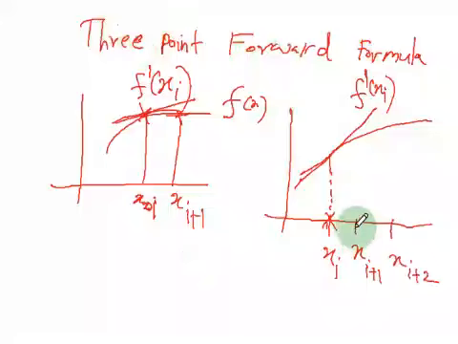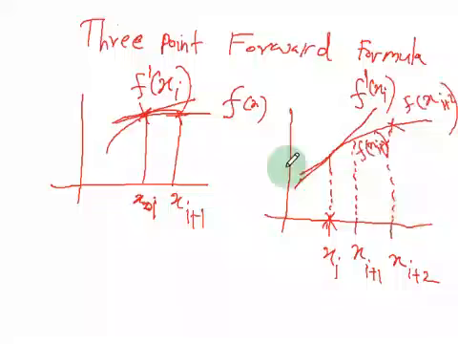So we pick points in front, forward, right? We pick points in front of this point xi. So these are the points in front of xi. Let's assume the function values at these points are f of xi, f of xi plus 1, and f of xi plus 2.